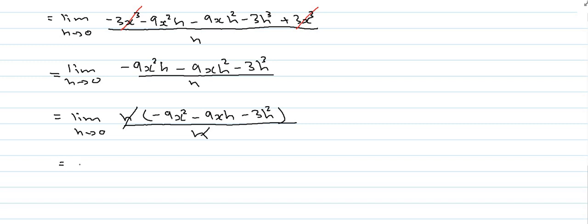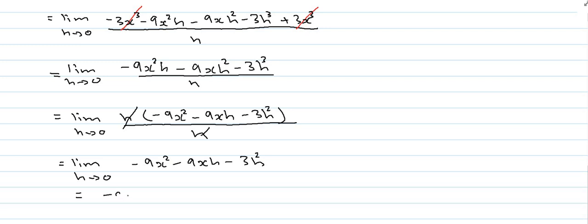We'll be left with the limit as h approaches 0. We have negative 9x squared minus 9xh minus 3h squared. Then the last step is to substitute the value of h when it approaches 0. You don't write the limit anymore.